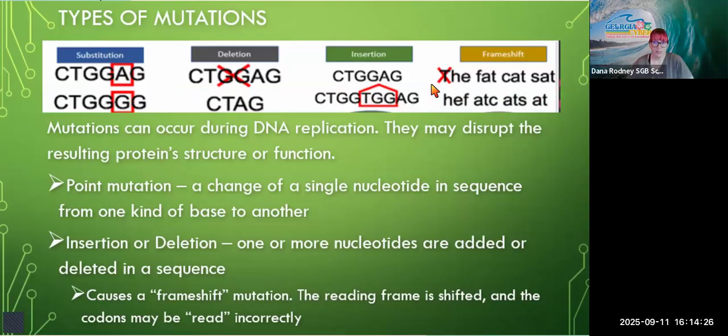So here, if we delete the T in the fat cat sat, and then we still read it in groups of three letters, we no longer have anything that makes sense. That's what the frame shift mutation means. It means everything from the point of deletion or insertion has changed, and the codons can be read wrong. So it's going to code for the wrong protein at that point.